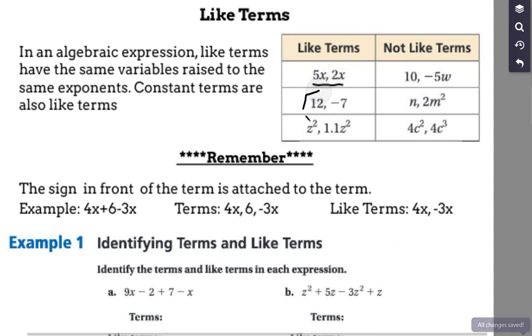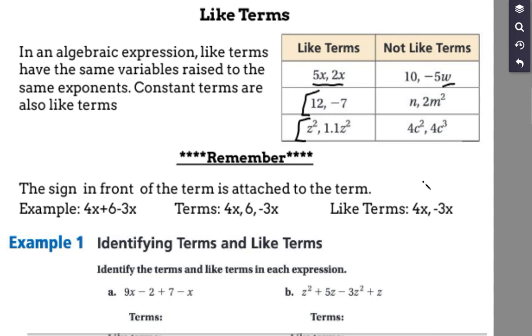The constants, 12 and negative 7. And then these both have a z squared, so they would be like terms. Non-like terms over here, 10 and negative 5w. This has a w, but the 10 does not. On the next one, they don't have the same base or the same exponent. This one, they do have the same base, but they don't have the same exponent on them.